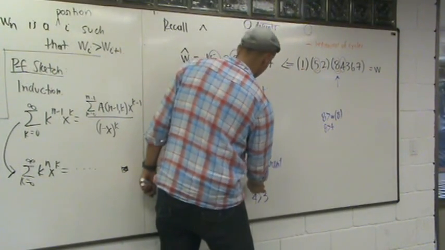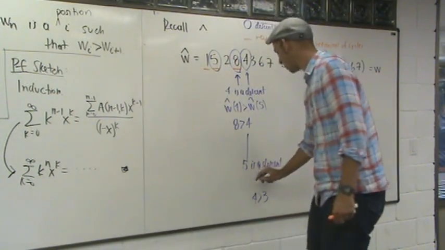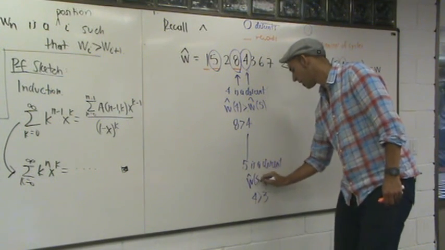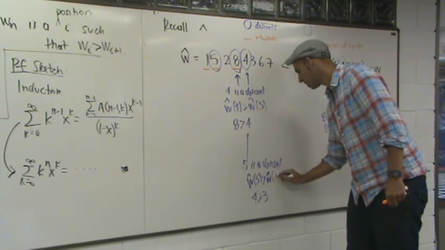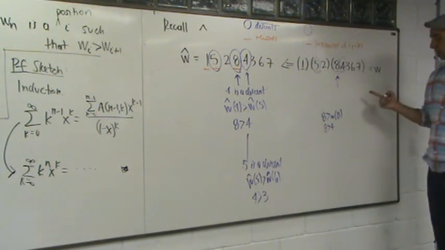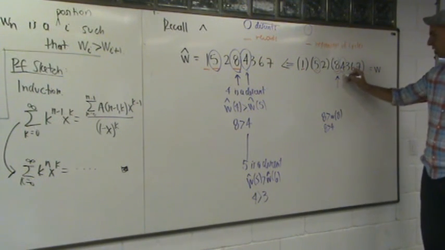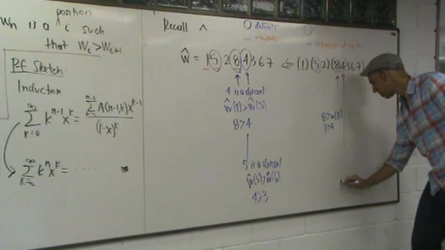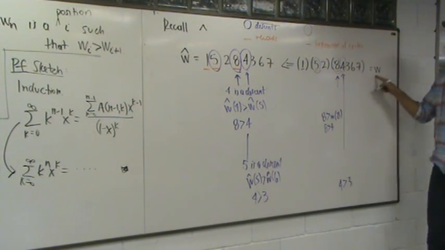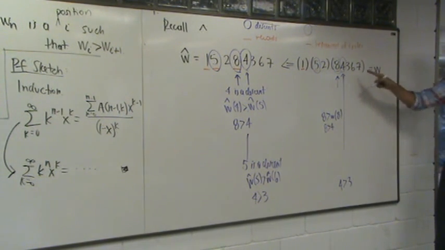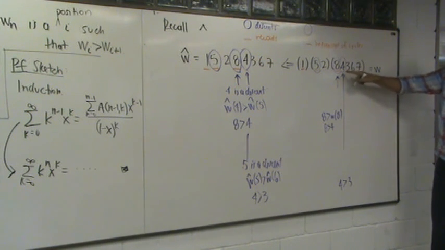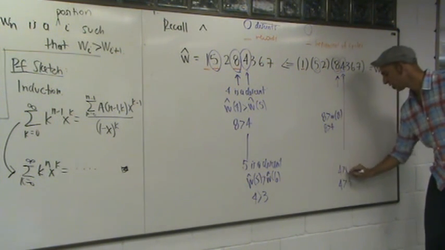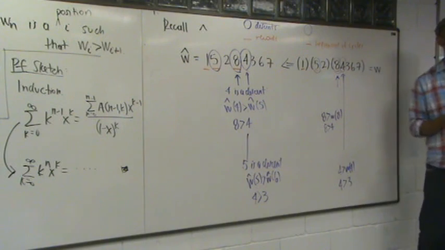In other words, W hat of 5 is bigger than W hat of 6. What about here? What does that say for this guy? 4 is bigger than 3. In the language of W, it says that 3 is W of 4, so it says that 4 is bigger than W of 4. Okay?